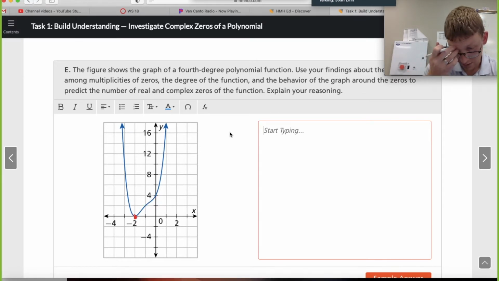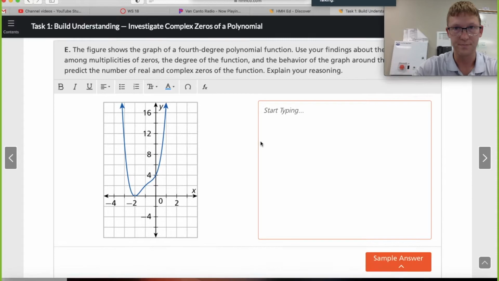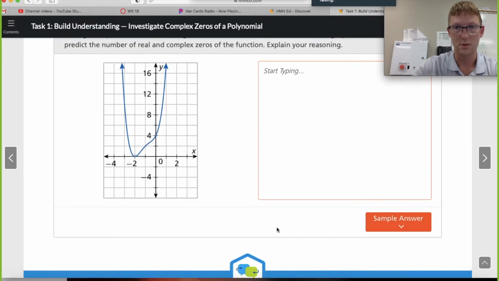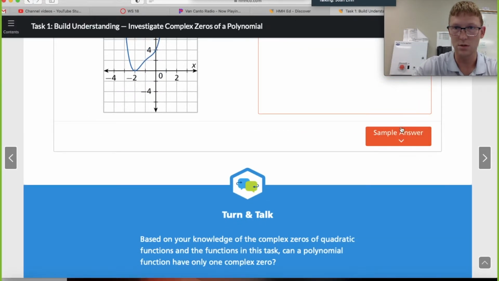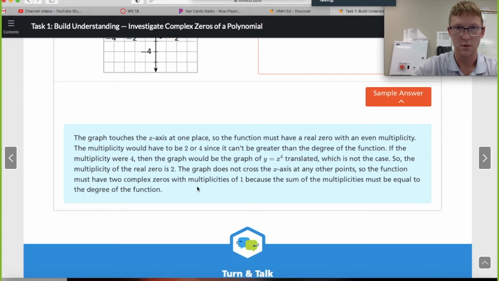And so the other 3 roots are going to be complex. So they're going to have i involved in there somewhere. So there's our sample answer. Oh, wait. That's kind of basically what I more or less talked through. So let's try one out.